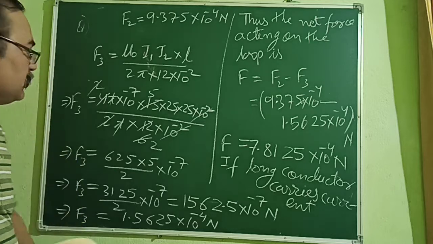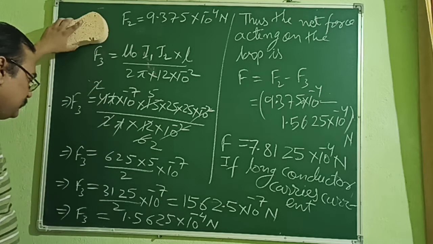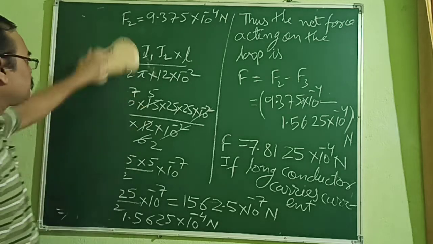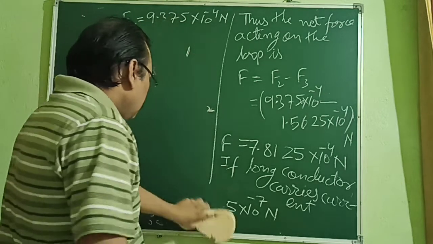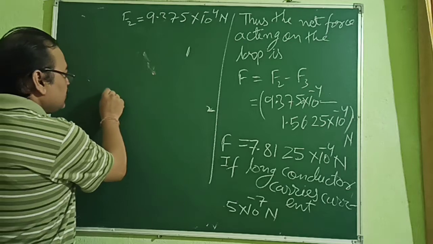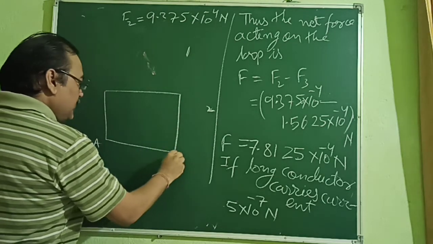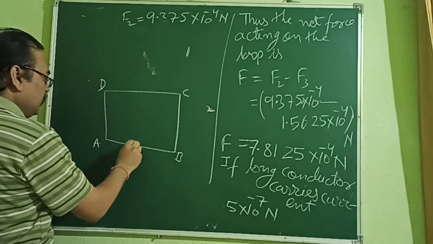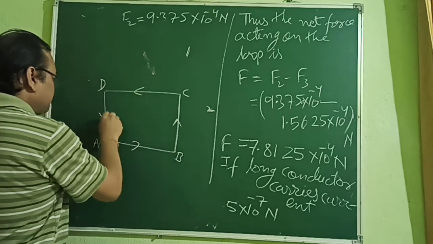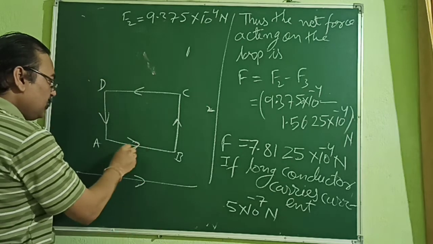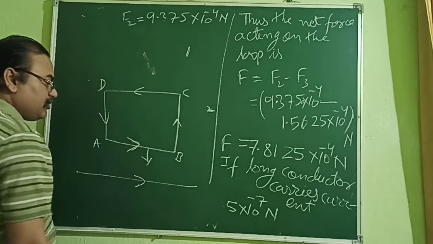Okay. I mean to say this. I think you have done this. What I mean to say, see, if this is the loop, and you know very well, loop ABCD was there, carrying current like this. And this is the long conductor. If both are carrying current in the same direction, then the force will be attractive and it will be acting in this direction.